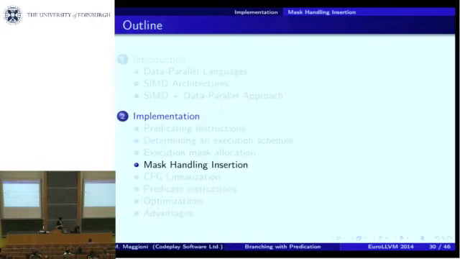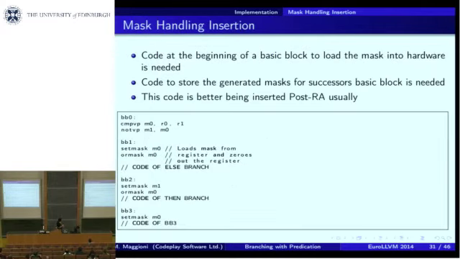So after you allocate these resources, you need to insert code inside your function in order to handle this. This is the kind of code you might want to insert. An example from the previous CFG, where we have the diamond, BB0, BB1, BB2, and BB3, that if-else diamond. Here there is this comparison which generates the mask for BB1.